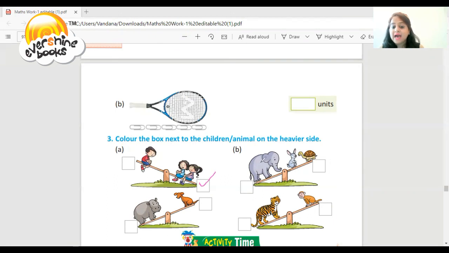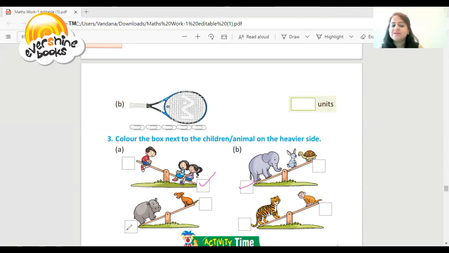Now it's an elephant, a big elephant, and 2 animals are there. First is your rabbit and second is your tortoise. So students, just take this one because the elephant's weight is heavier than these 2 animals. Take that one, or you can color this box also. Okay, students, it's your 2 animals.